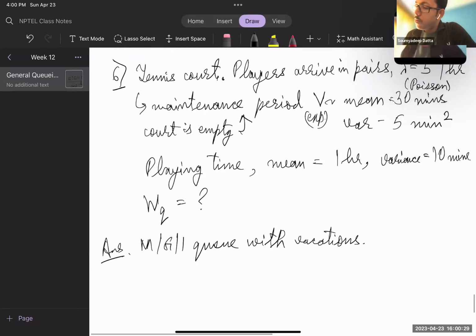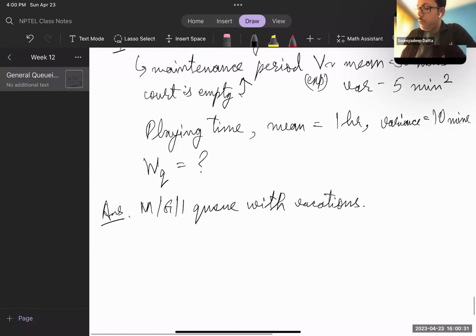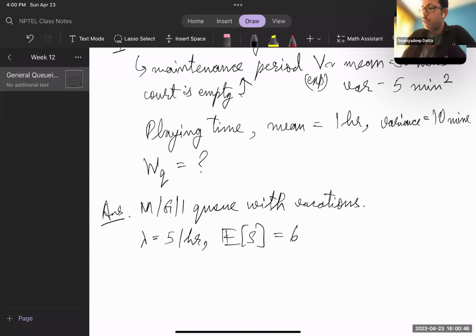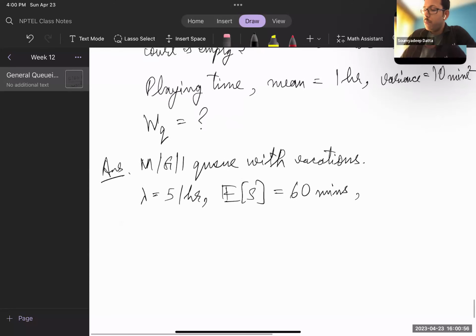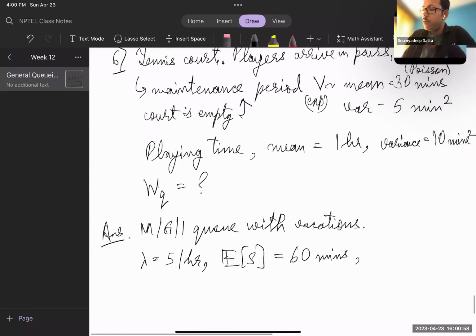And so we have lambda equal to 5 per hour. Then we have expected value of service time, which is the playing time. The playing is the service being provided, right? This is equal to 60 minutes, so expectation of service time is 1 hour.